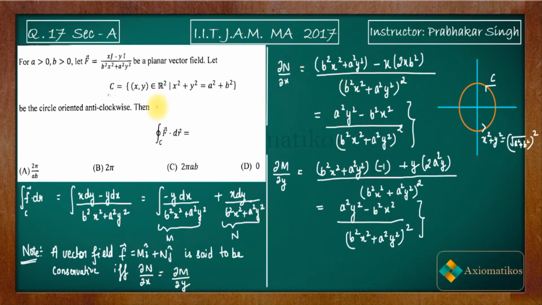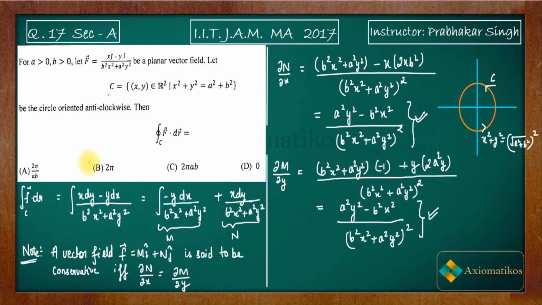Now if you calculate in the problem, you have this M, don't consider dx in your M, and dy in your N. So del N by del x and del M by del y, if you calculate, you will get that these two quantities are equal. Now what is the meaning of this? It means that the vector field that you are given is a conservative vector field.